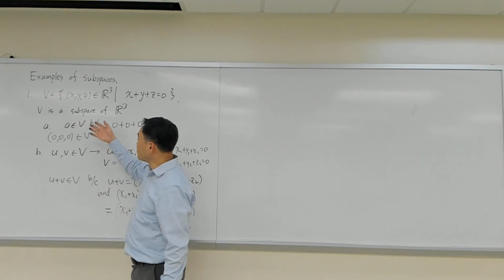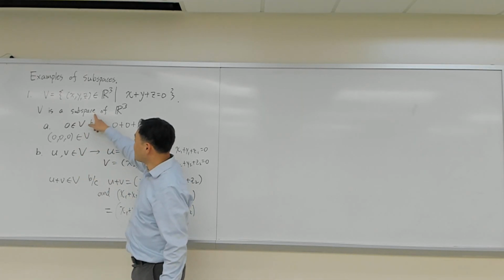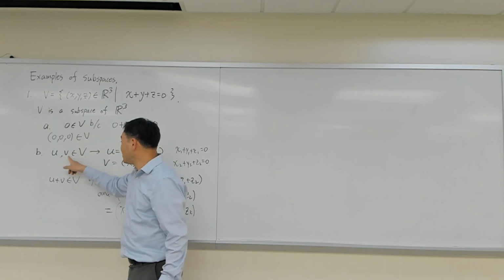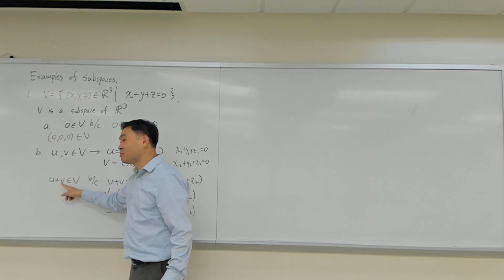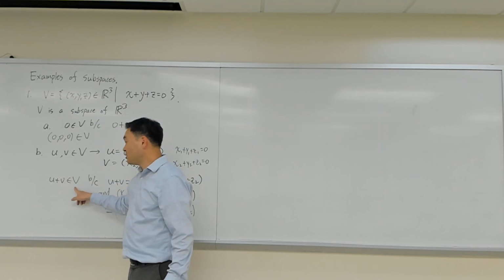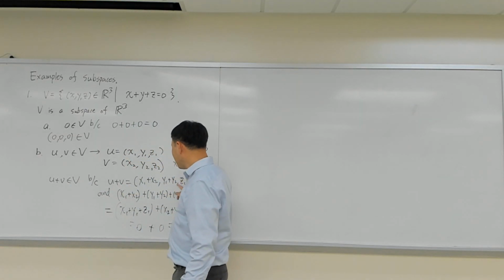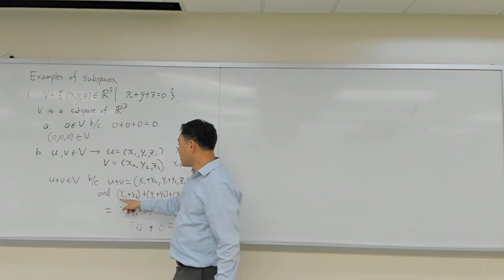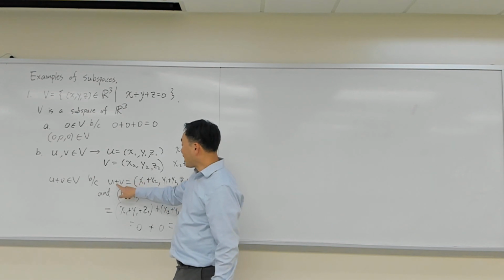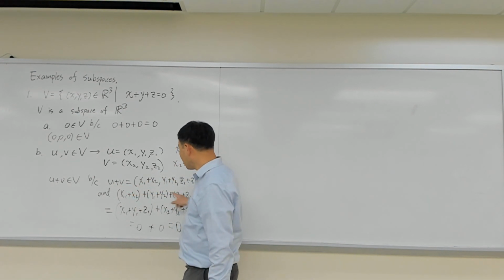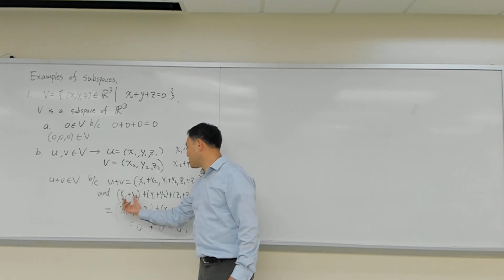Well, I'm in the process of showing that V is a subspace of R3. The first condition is done. The second condition is that if u and v are in V, I have to show that the sum is again in V. So let's write down what that means, and then write down how you're going to show that this is in V.